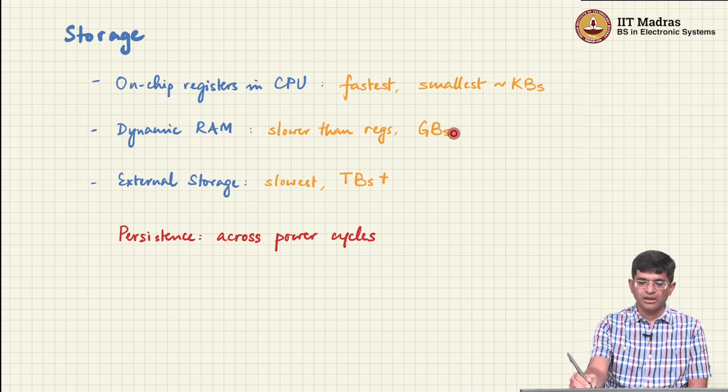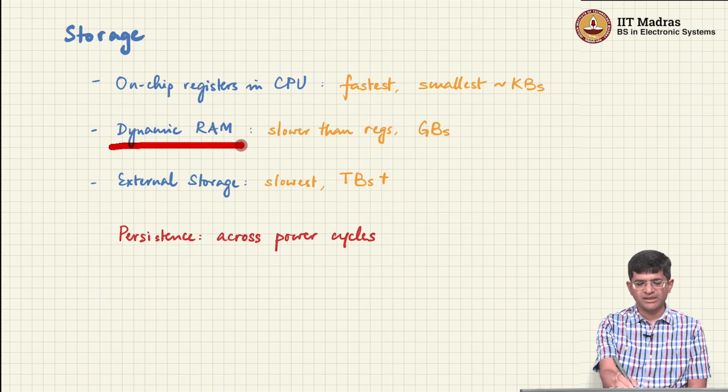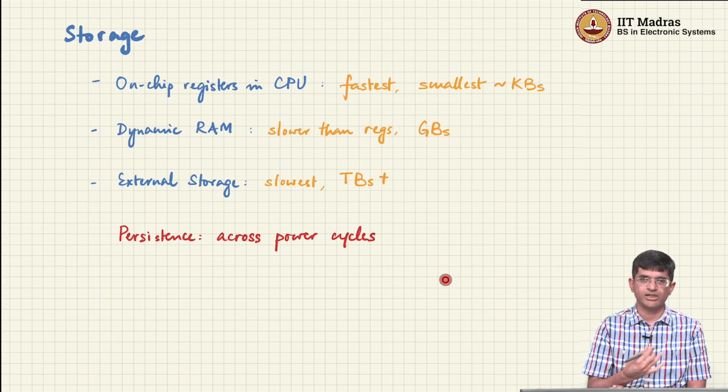Okay. So in order to make up for that, we have what's called the dynamic RAM. The reason it's called dynamic is because it turns out that from the technological point of view, it is easier to create gigabytes of a certain kind of memory which is dynamic, and the sense in which it is dynamic is that it relates more to how you actually go about accessing it at the electrical level.